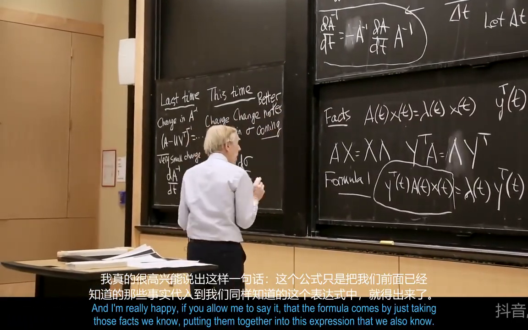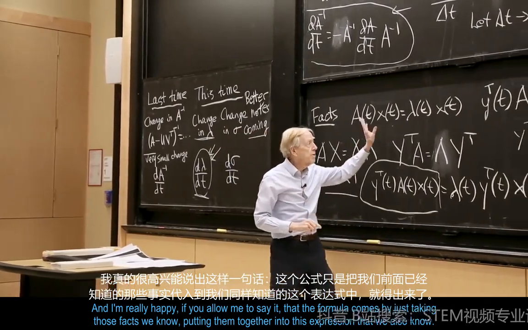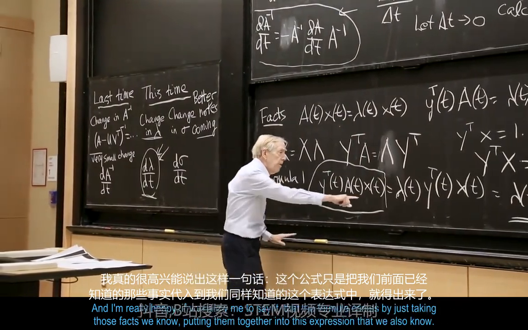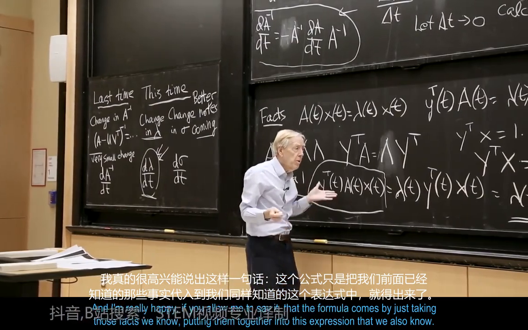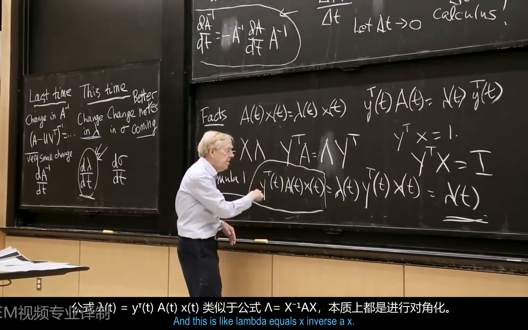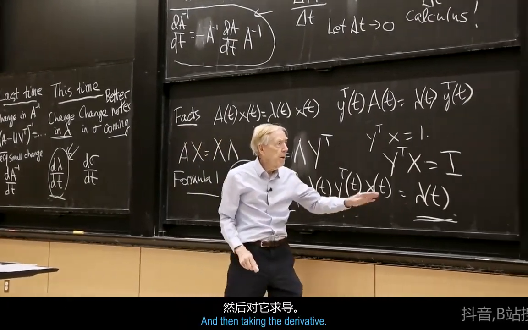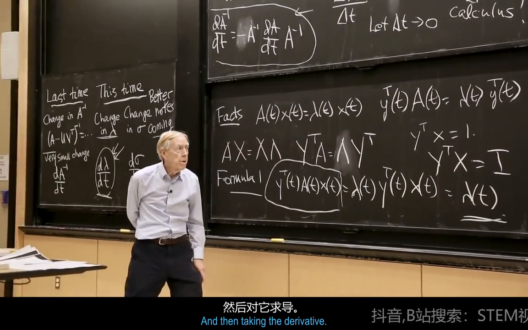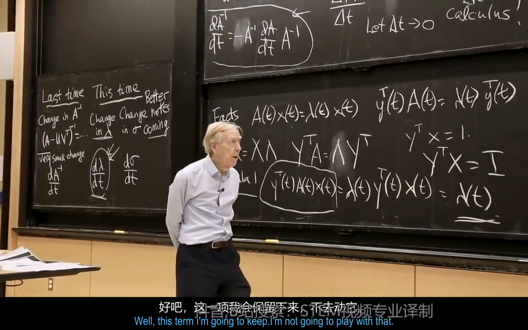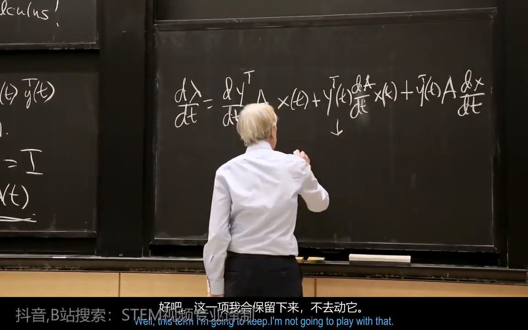And I'm really happy, if you allow me to say it, that the formula comes by just taking those facts we know, putting them together into this expression that we also know, and this is like lambda equals x inverse A x. That's the diagonalizing thing, and then taking the derivative. So what do I get if I take that derivative? Well, this term I'm going to keep.